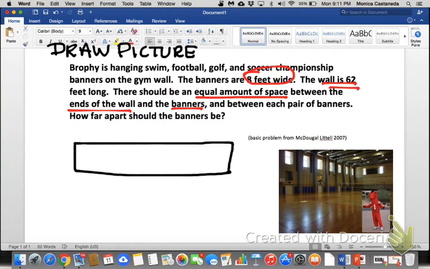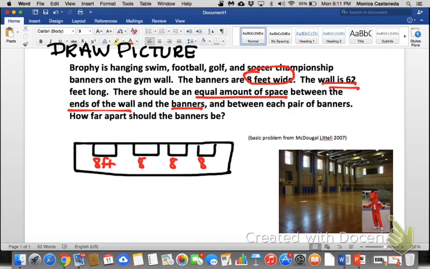So I started off by envisioning the wall, I drew that. So now we're going to just place our 4 banners. I'll try to make them equally, well, a little bit off. And it said that our banners were 8 feet. I'll just put 8 after I label the first one.